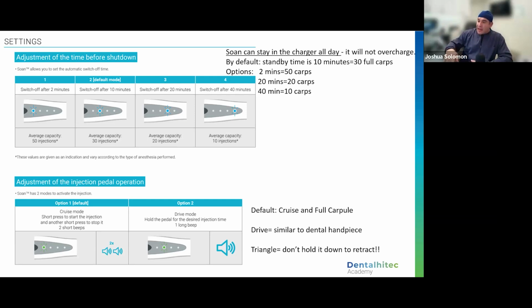So you step on the gas and it delivers, you come off the gas and it stops. Cruise mode is a set delivery amount. So let's say you have your unit set on cruise and you have a setting for a quarter carpule. You step on it once and it's going to start, and then when you get to a quarter carpule, it's going to stop.